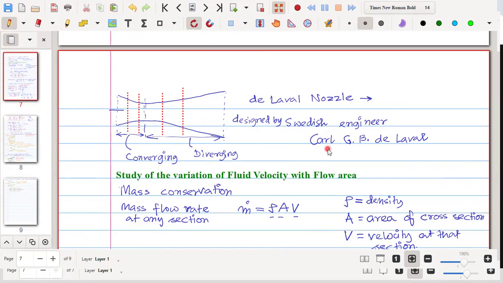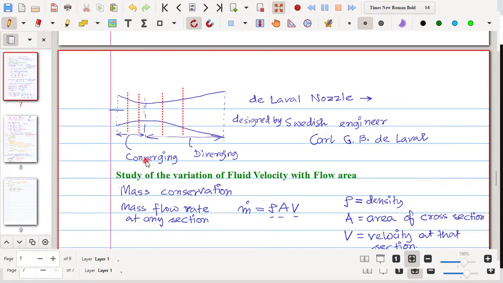The engineer who designed this is a Swedish engineer called Carl G. B. De Laval. One thing that we have to keep in mind is that you have seen Venturi also in fluid flow, but in case of Venturi, it is used for incompressible flow, and during the converging part, the velocity increases and pressure decreases, but in the diverging part, the velocity drops and the pressure increases.